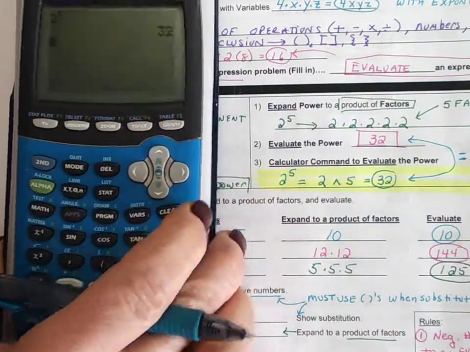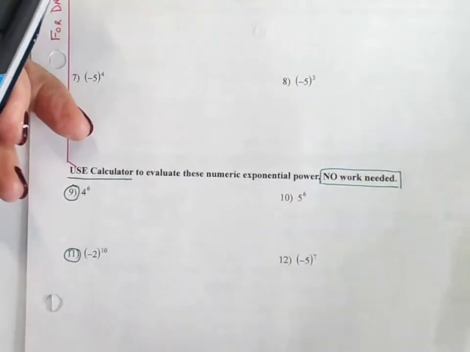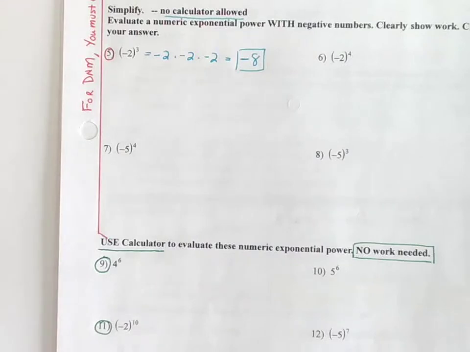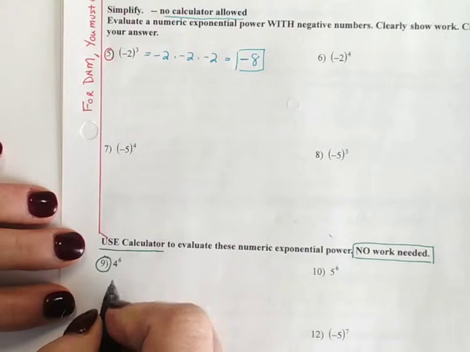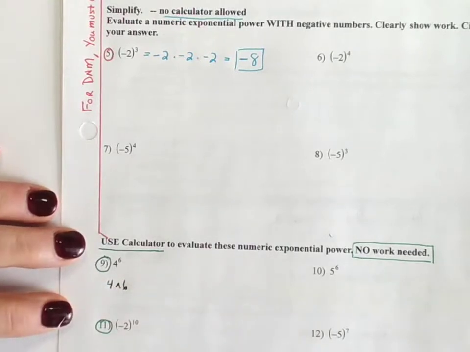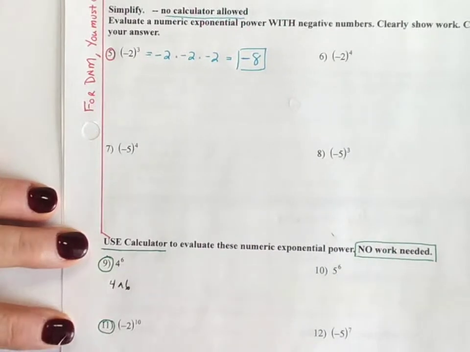So now I'd like you to use your calculator and do numbers 9 and 11. Now the calculator command for this one is going to be 4 caret 6. You don't have to show that.